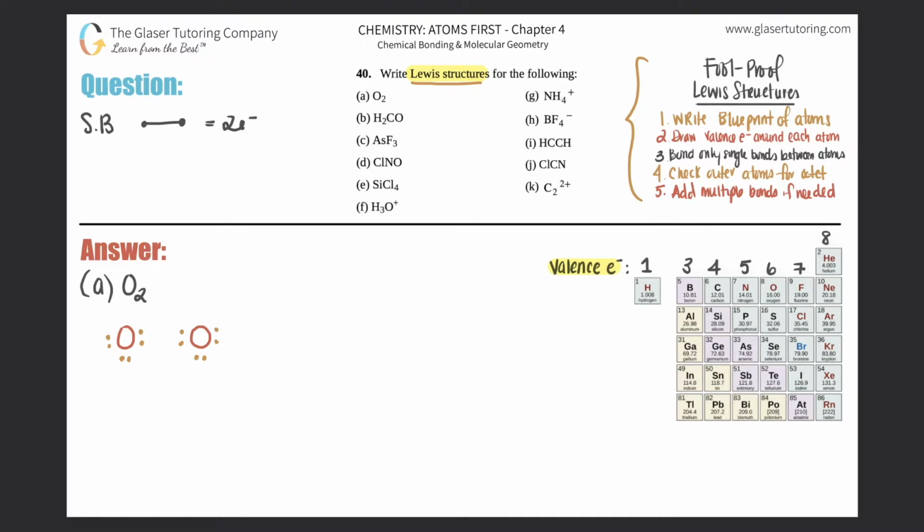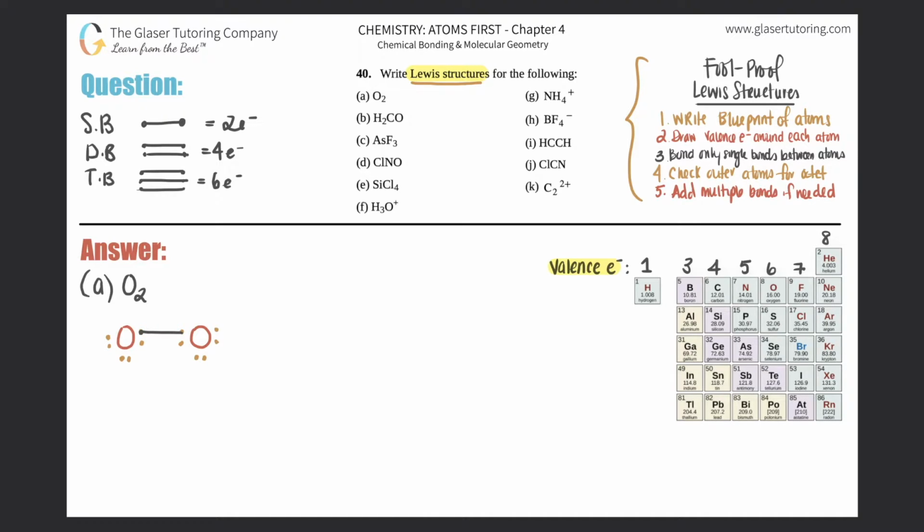A double bond is when you have 2 electrons from each side coming together, a total of 4 electrons. And a triple bond is a total of 6 electrons. But for right now, always just make your single bond and then check.